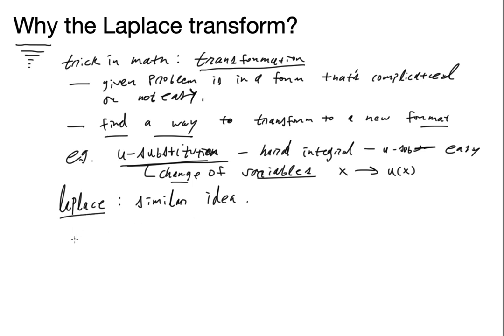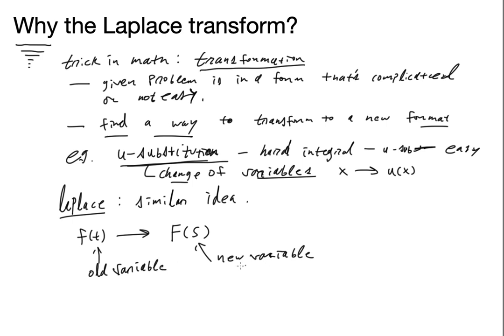With Laplace, the idea here is you might have a function f of t, let's say, and what you're going to do is transform to some other function, which I'm going to call f of s. And it has a new variable, and maybe this is the old variable. But the difference is we're not doing a simple change of variables. We're actually doing a change of functions.